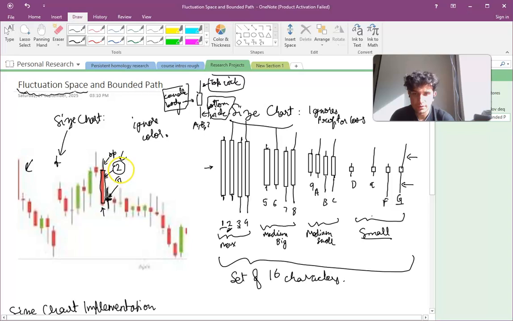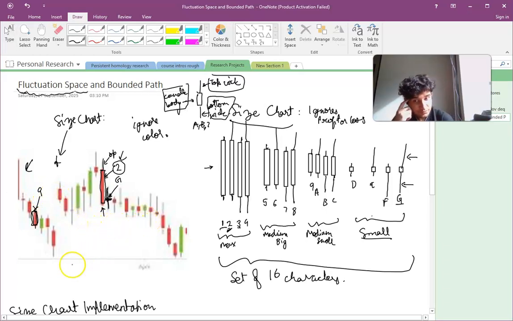So we assign 2 to this. Similarly, let's take this example. This has a medium small candle body size, and it has a very small top and bottom wick. So we look at the medium small range. We see 9 has a small top and bottom wick, and so this candle has the number 9.